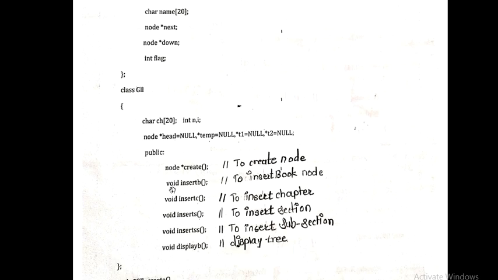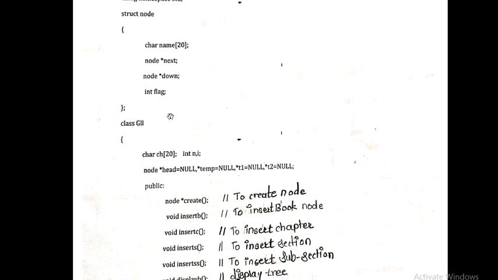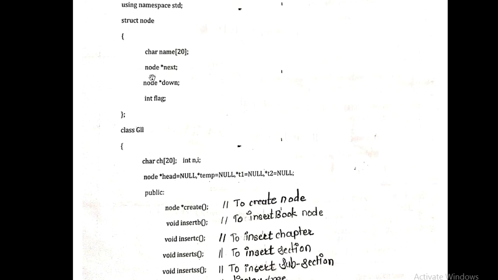Now we have some public functions mentioned over here, whatever operations we have to perform on that tree of the book, like node create. This function has the type node pointer, which is nothing but this struct type node pointer.